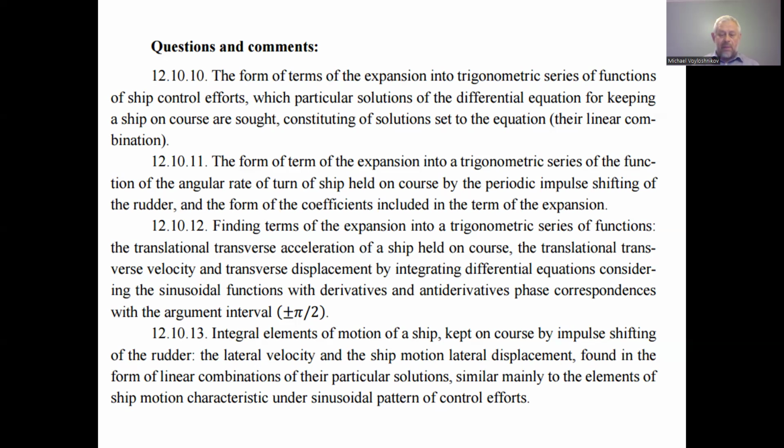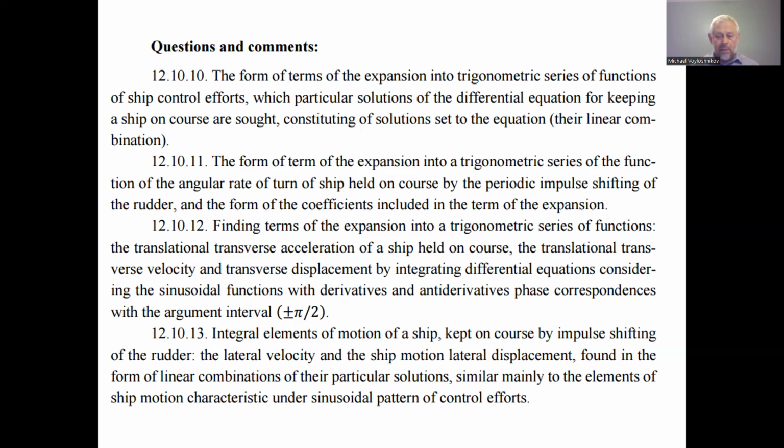So when we have, for example, the angular acceleration, we can substitute it as a particular decision of the inhomogeneous equation by the expansion into the terms of the sine, cosine types, the summands of the terms of the expansion of the right side of the equation.